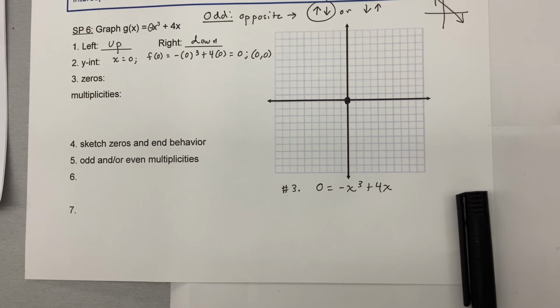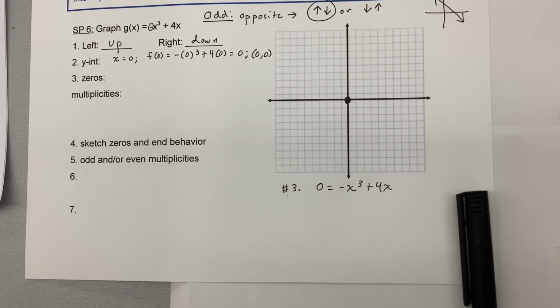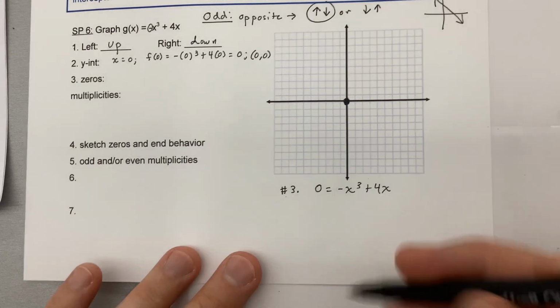What do you think, Maya? We see the x cubed, and that can be a little misleading. If you have any common factors, don't be afraid to get rid of those extras, or the trash, so to speak.